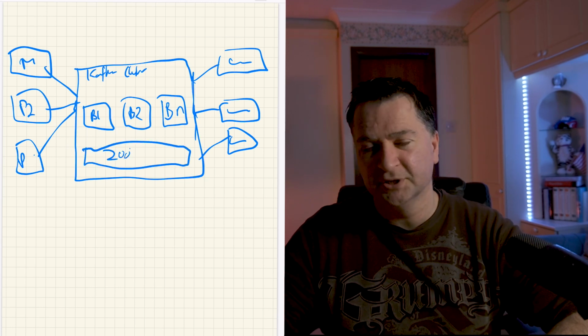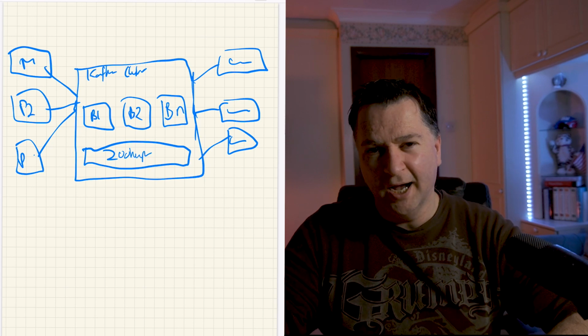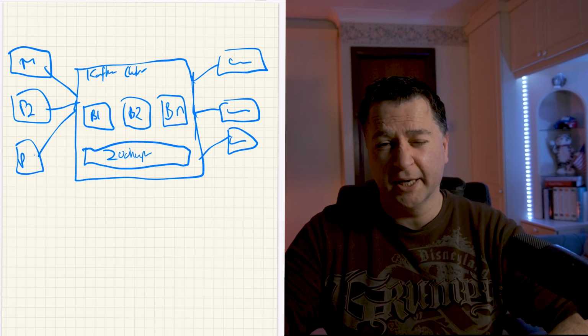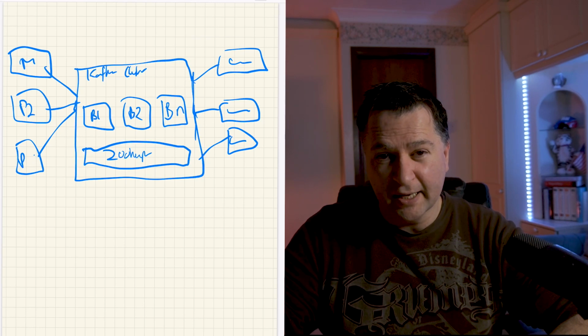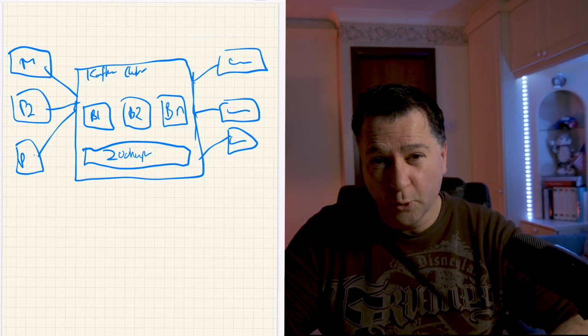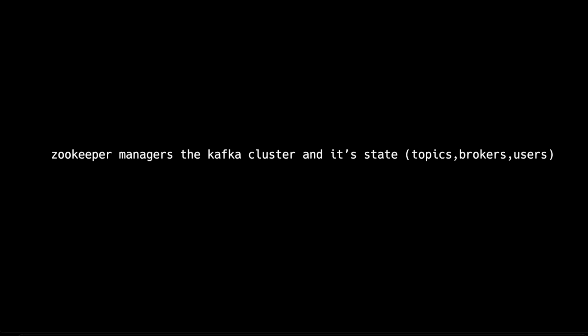Now, in future versions of Kafka, they are trying to get rid of Zookeeper and have Kafka have its own protocol for managing clusters. But for just now, we're using Zookeeper in this particular sense, which is a sort of cluster management piece of software.